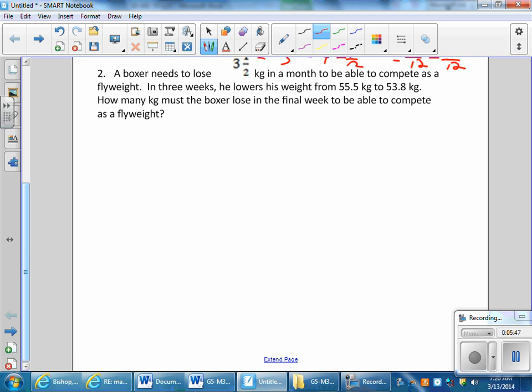How many kilograms must the boxer lose in the final week to be able to compete as a flyweight? Again, this time I think it's better to make my tape vertically. Okay? Could you do it with a tape that's horizontal?